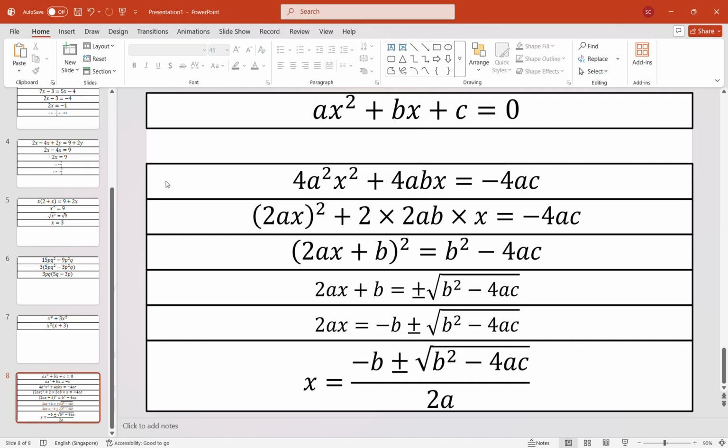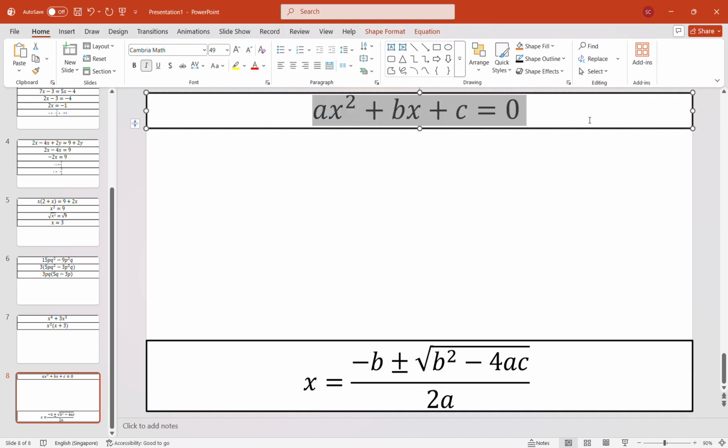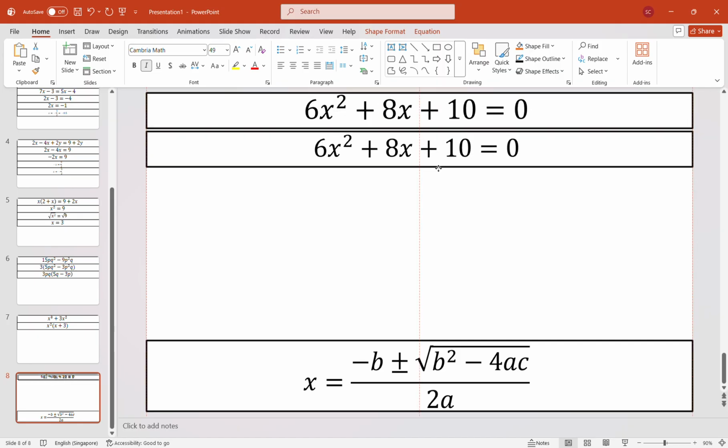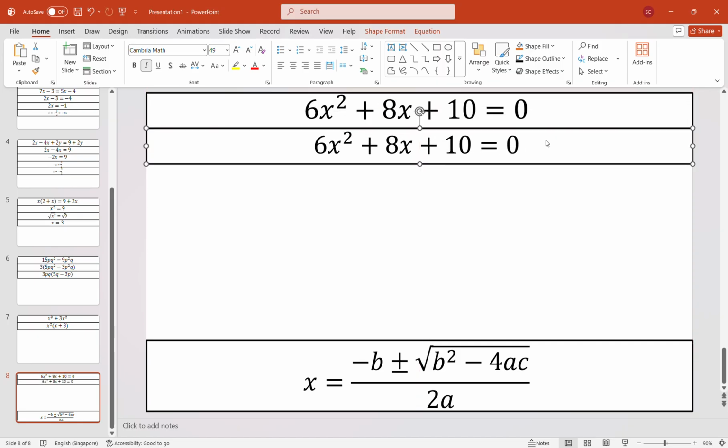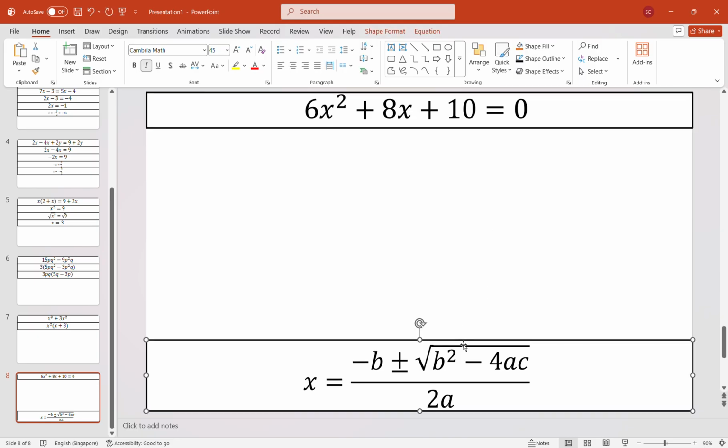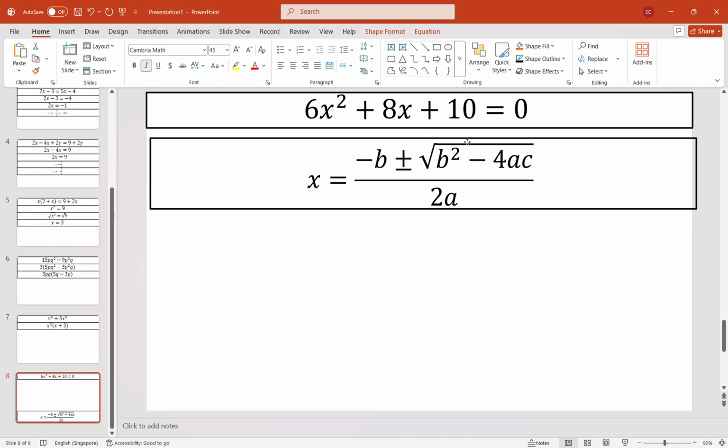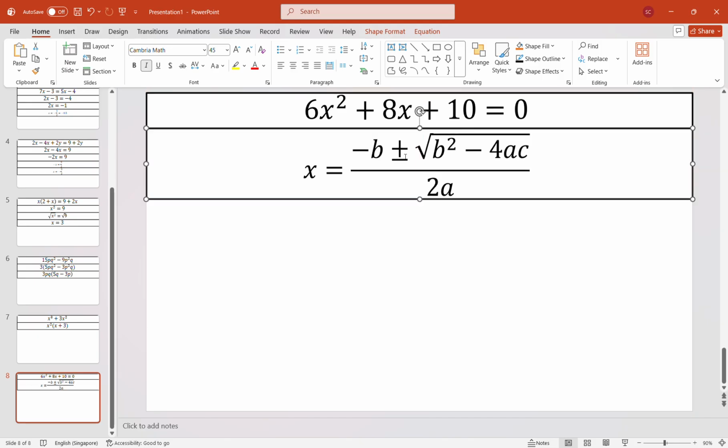Let's look at one example. For example, 6x squared plus 8x plus 10 equals 0. And then we apply this formula right here.